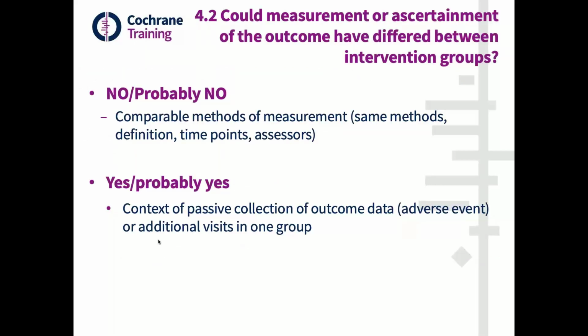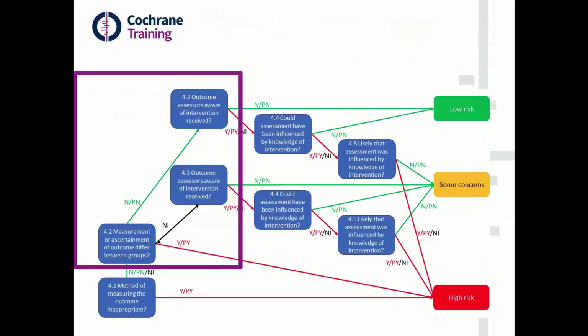For these questions, you answer no, probably no, when the methods of measurement are the same in each group, with the same definitions, same time point, same assessor. It's going to be yes, probably yes, mainly when you are in the context of a passive collection of outcome data, such as adverse events, or additional visits in one group that are not planned in the other.